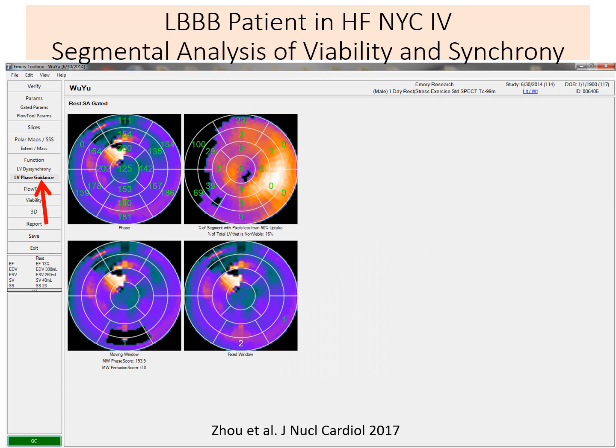So now this tool that we call the phase guidance tool gives you multiple displays. This display here is a 17 segment display, and you're looking at the actual mean phase for that segment. So the larger the number, the later the onset of contraction for that segment.